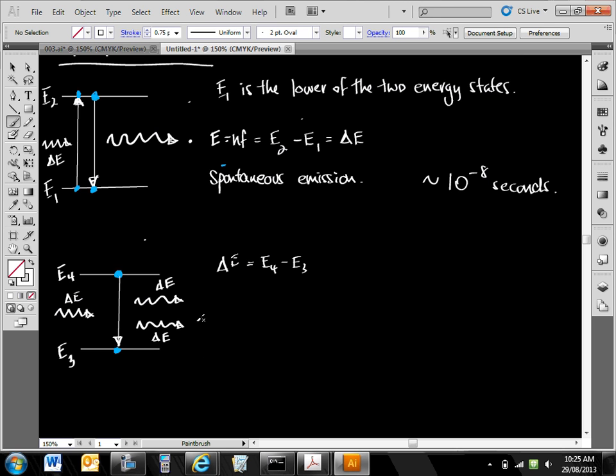So the total energy emitted equals 2 times delta E. Okay?